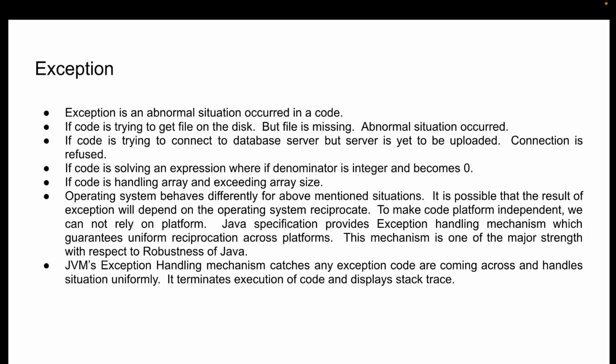So we'll see there are certain things where errors can occur, and there are some situations where exceptions can occur. Errors are basically things you cannot control through the Java exception handling mechanism. Means if there is some kind of hardware failure or such situations, those things you cannot control.